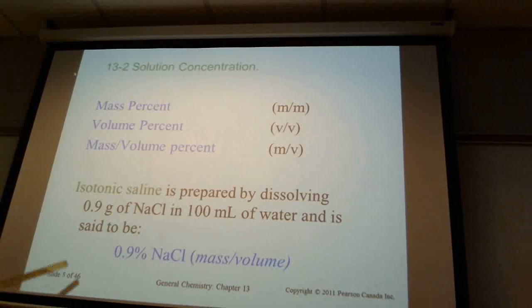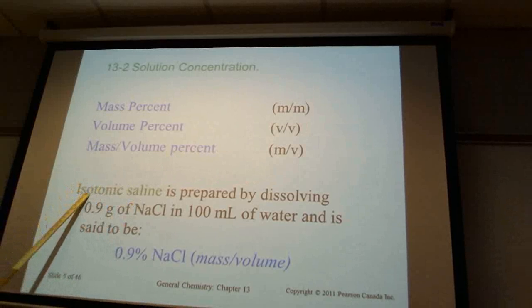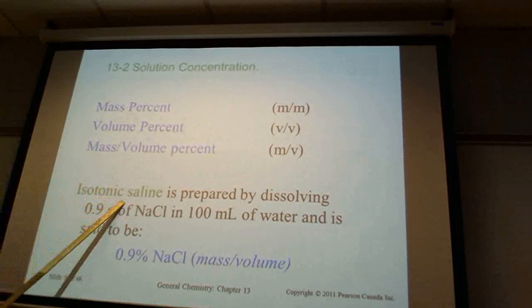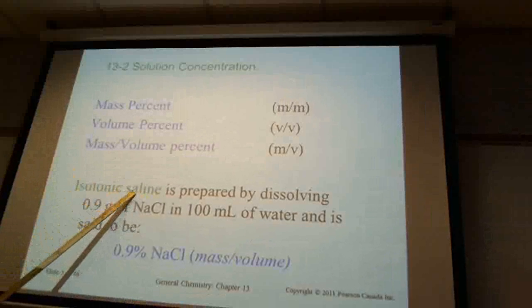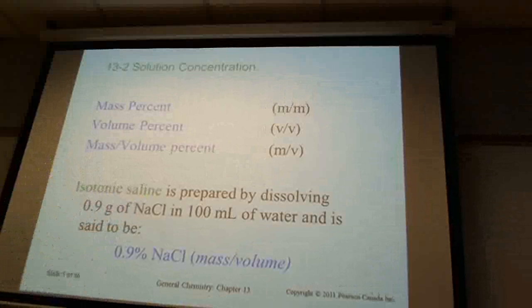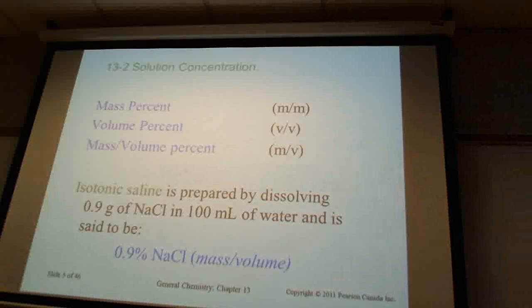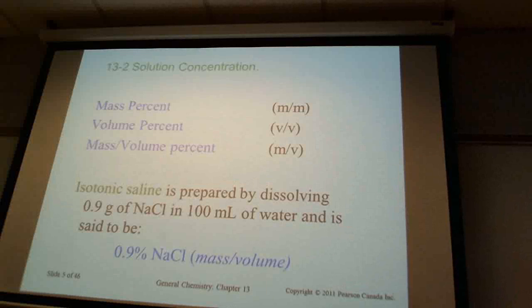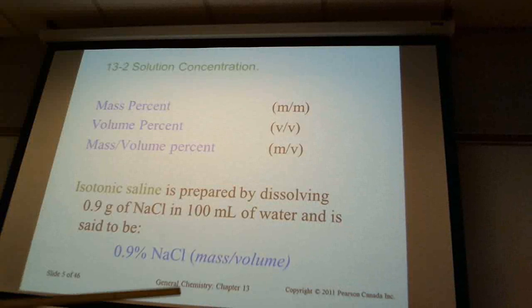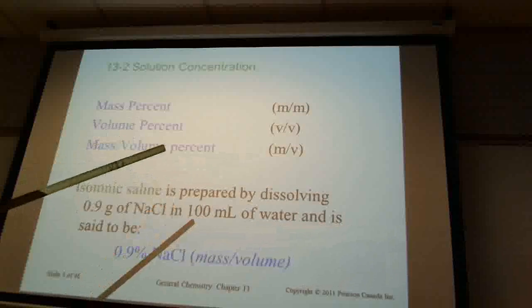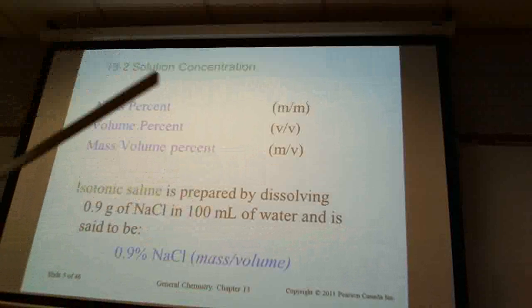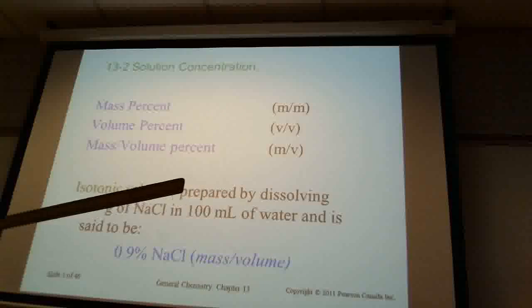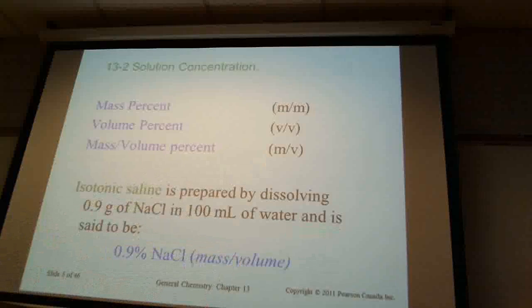Here's another one that's mass to volume, isotonic saline. Isotonic means the same concentration. Tonic is concentration, and saline is a salt solution. Isotonic saline has the same kind of osmotic pressure as your blood, which is important because if you don't take isotonic saline into your blood, the blood cells can shrivel up or expand and grow, as water goes into the blood cell or gets sucked out of it, depending on the concentration of the salt solution.